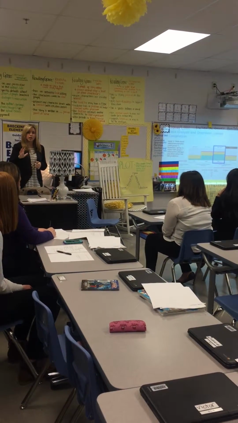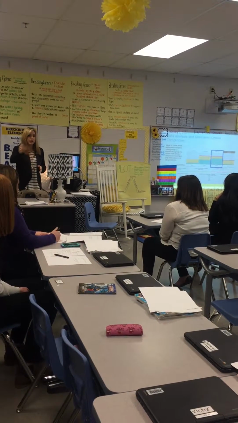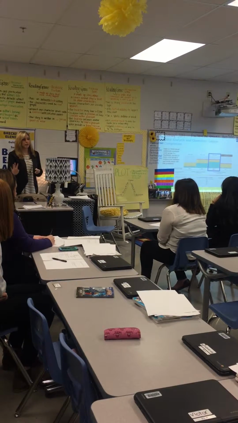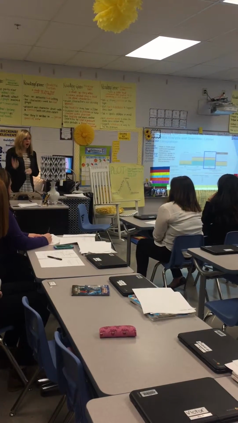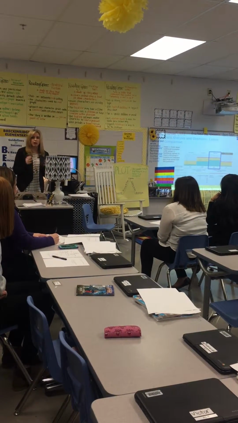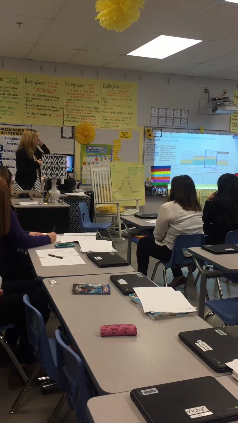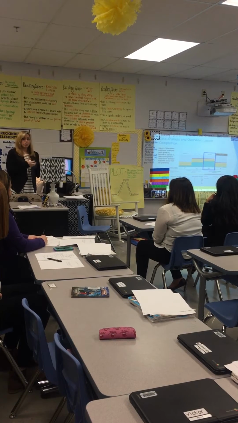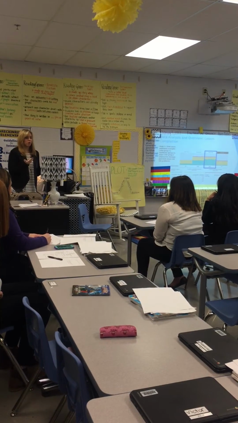If I saw that they were struggling multiple times, I'd have them pause Zearn, and then I'd pull them over with a whiteboard, and we would think aloud the strategy. Then they'd get back on Zearn, and I'd be able to really monitor how they were doing. So it's not just mindless independent time. This week you'll see the increase in data, and I think it's because I altered my strategy again, and I really made it more meaningful.